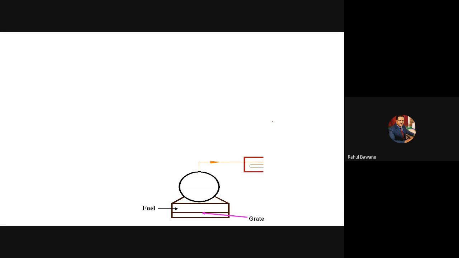Now, whatever exhaust gases evolve, no doubt when fuel gets burned, high temperature exhaust gases will evolve, and it is not possible that all exhaust gases will deliver their heat to the boiling water or boiler water. It is never possible.